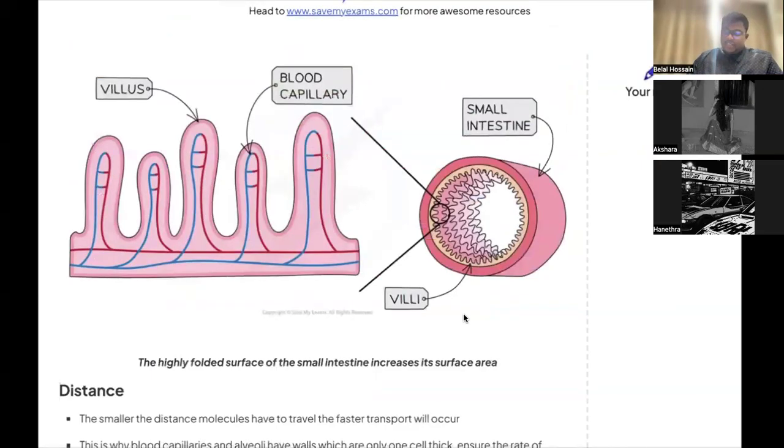Within the small intestine, there are many ways of increasing the surface area, and they start in this way. There are foldings within the small intestine. As you can see here, the foldings are quite visible.